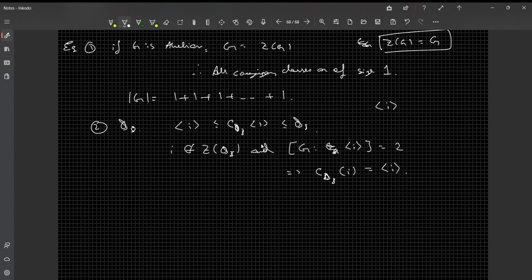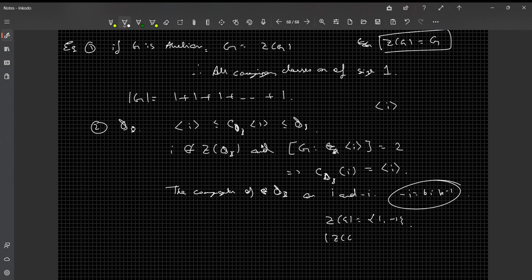Sorry, the conjugates of i in Q8 are i and minus i. You can write minus i as k i k inverse. Therefore, what are the conjugacy classes? Now remember that the center contains only the elements 1 and minus 1. So the order of the center is 2.